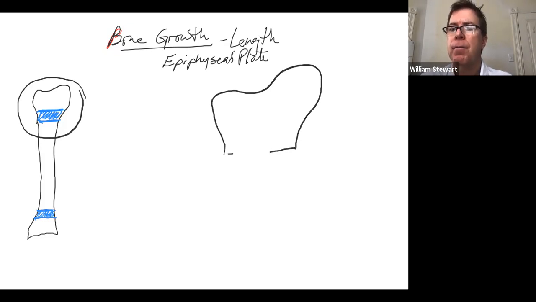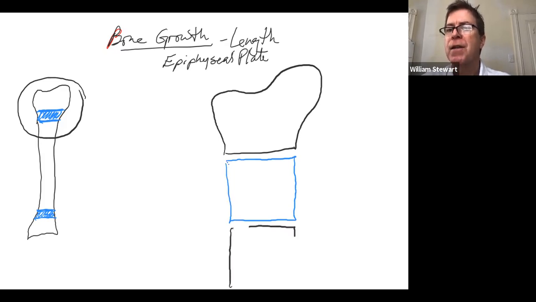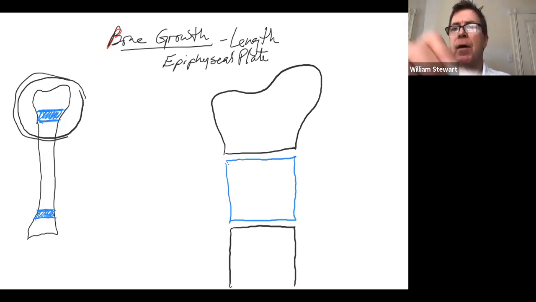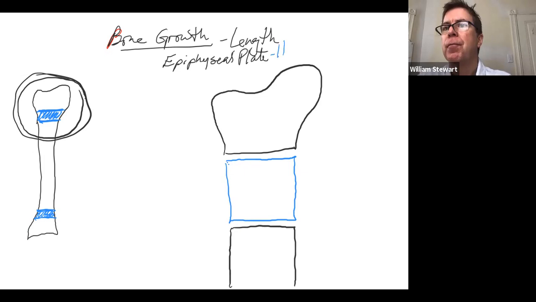Then I'm going to draw the epiphyseal plate here. And then I'm going to draw the diaphysis here. So we've magnified this area of our bone. The blue part is the epiphyseal plate. That is made of hyaline cartilage.